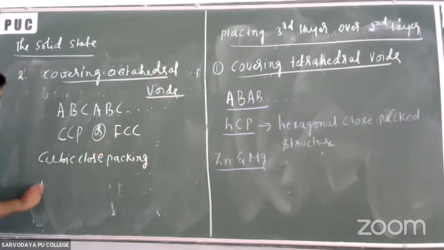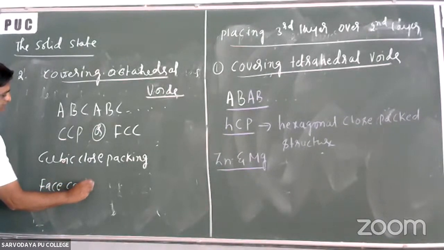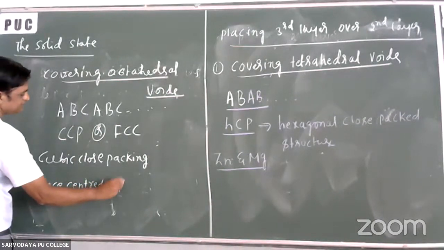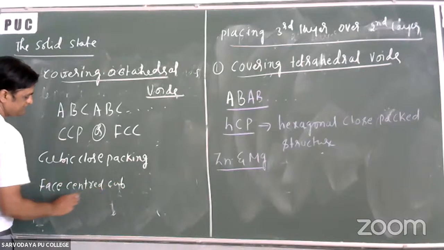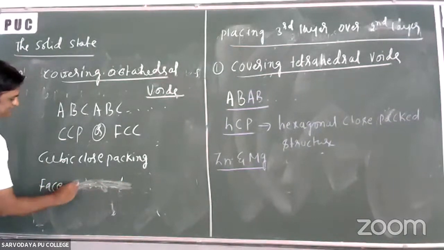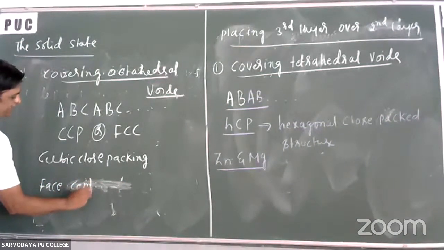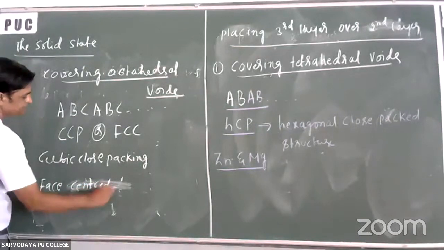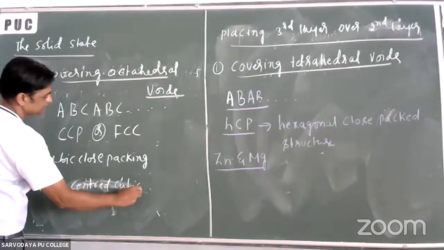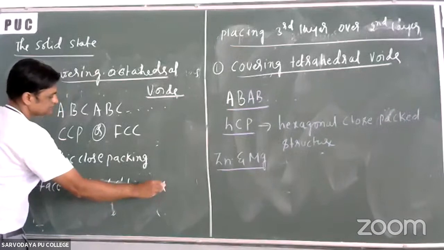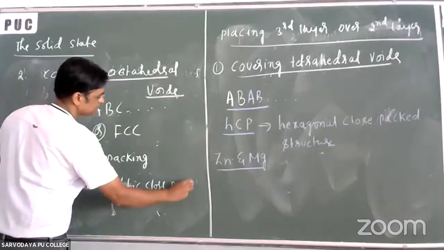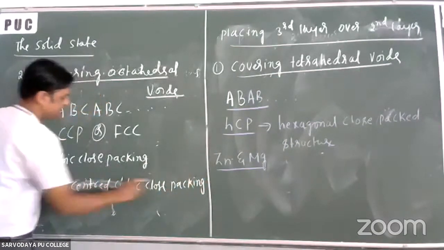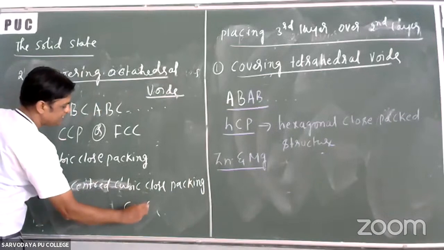And FCC is nothing but face centered cubic close packing. And which are the examples for this type? Copper and silver.